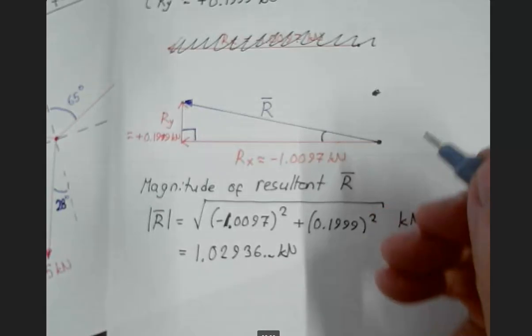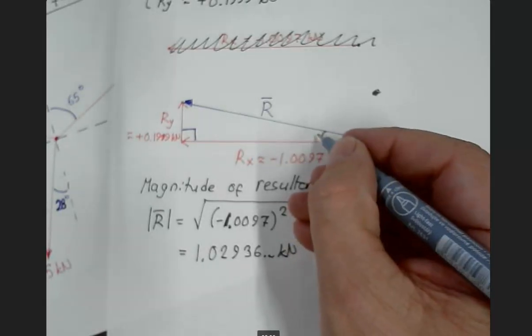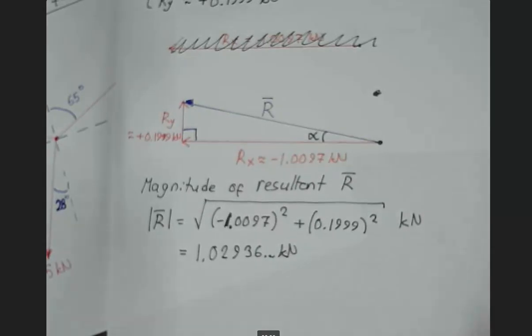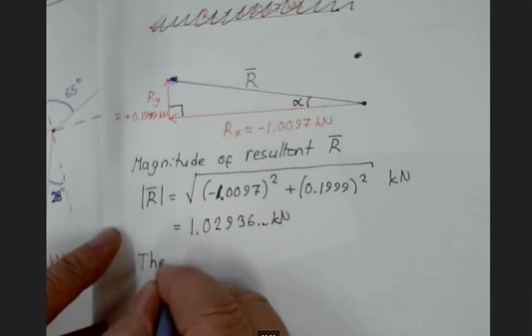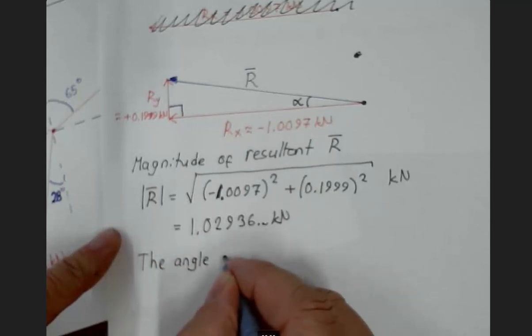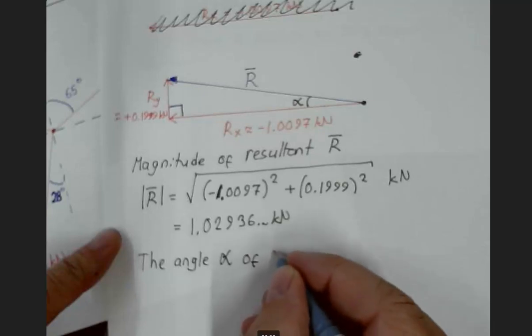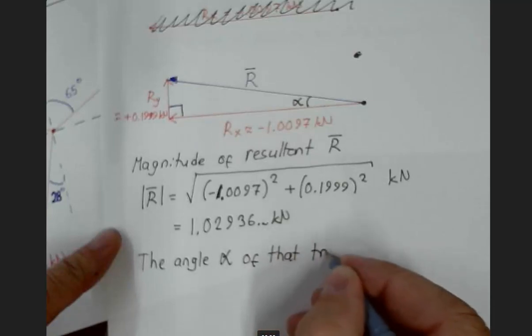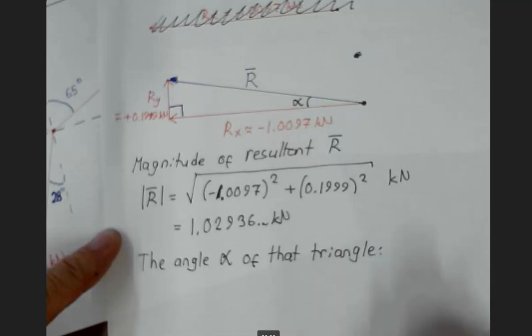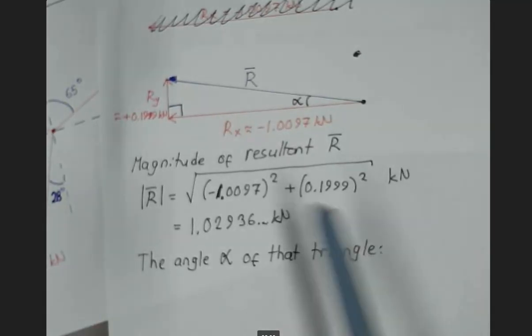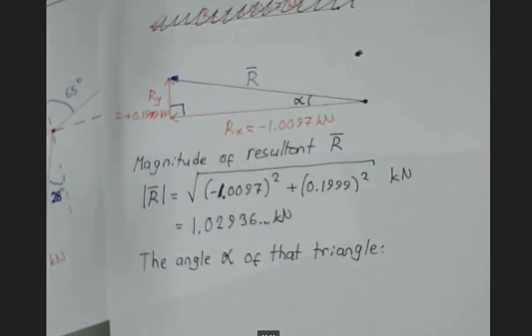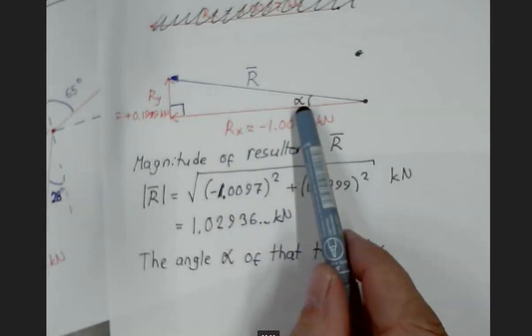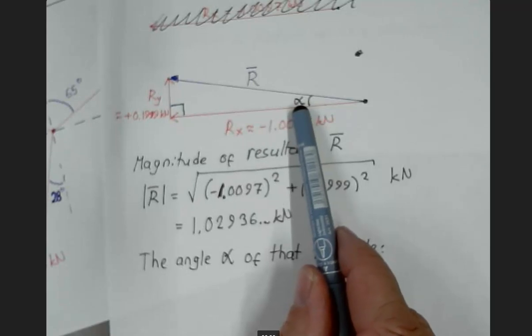We can calculate this angle here. Let's call that, for example, alpha here. The angle alpha of that triangle: we know these sides, the cathets of the right angle triangle. Then we can calculate the angle with the help of tangent.